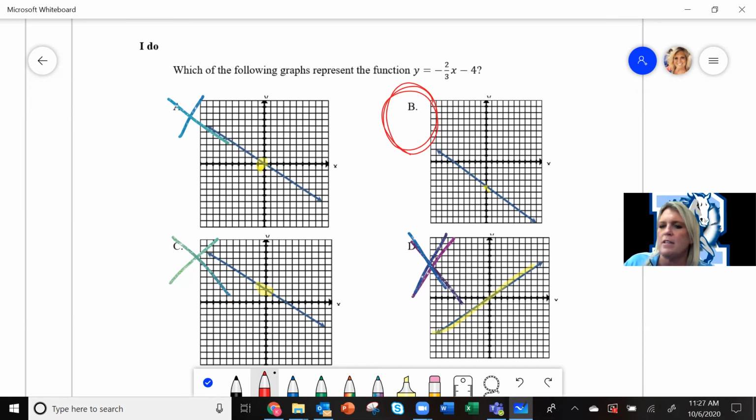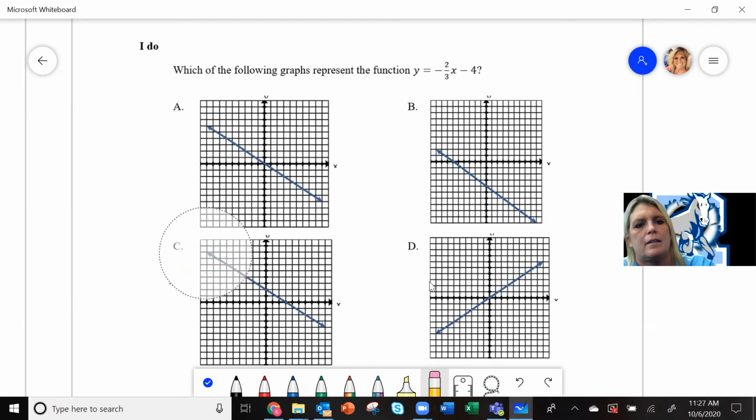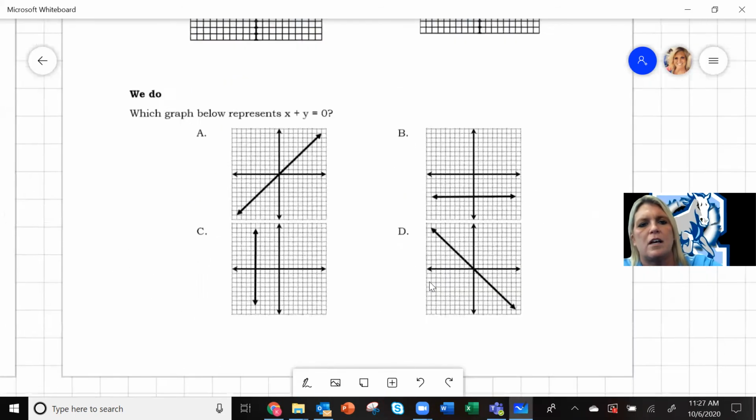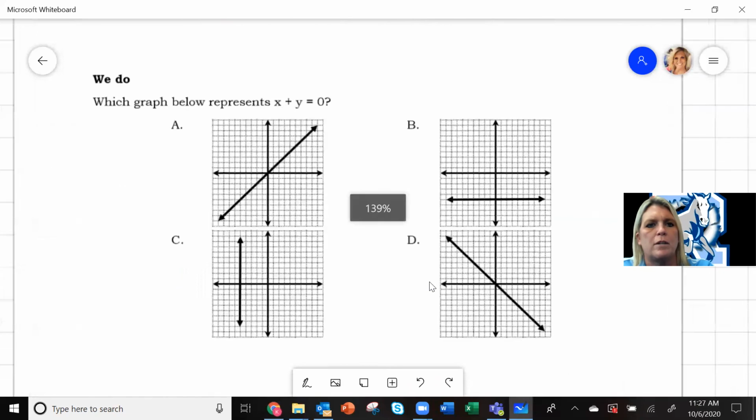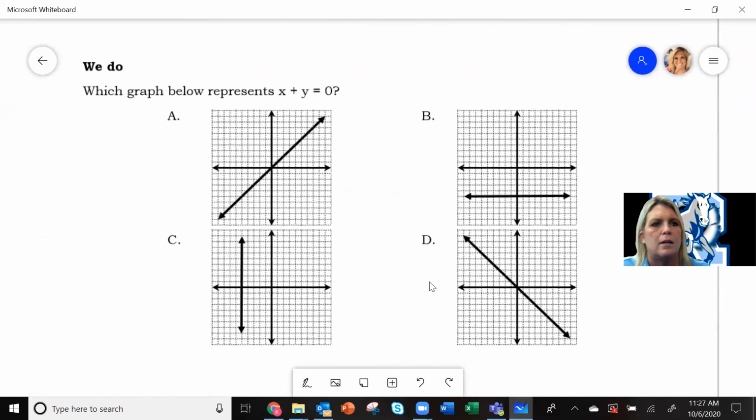Okay, well, let's try the next one. So I'm going to erase here. Now that I erase it, and let me move this up, here's my next one. I want you to try and do the same thing. I want you to pause the video, put this in the calculator, and figure out which one is supposed to be the correct answer, and then come back and see how you did.